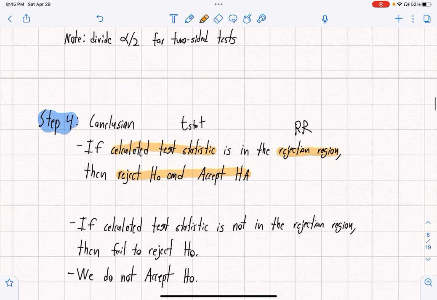However, if the calculated test statistic is not in the rejection region, then we will fail to reject the null hypothesis. But notice we do not accept the null hypothesis. We either reject it or we fail to reject it.